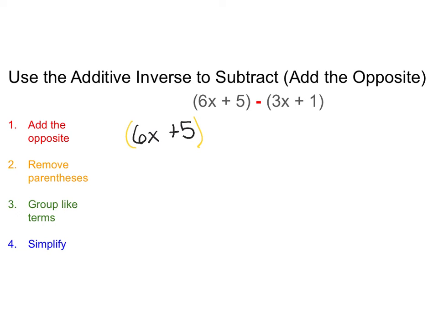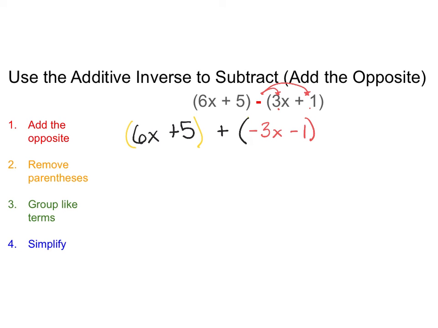Okay, so I'm going to put plus, and then I'm just going to put the opposite. So what I'm doing is I'm putting the negative in here and in here. So then I have a negative 3x, and then I have a negative or a minus 1. So I'm doing the opposite to each one of these, okay?